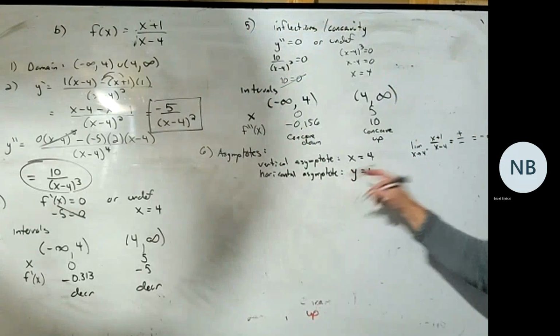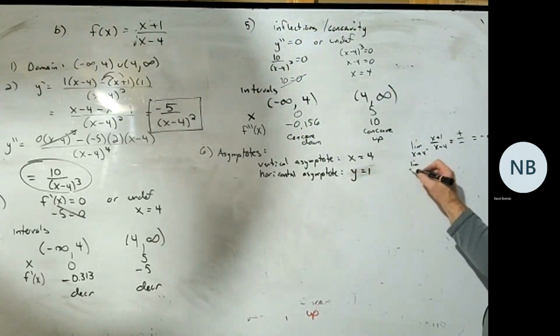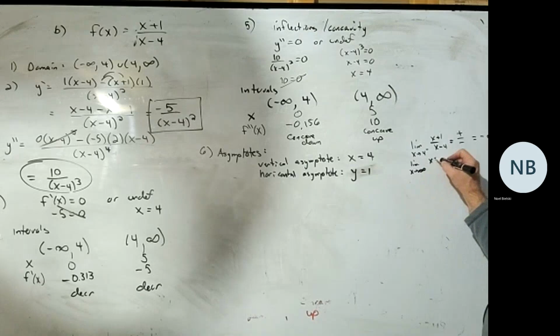If you want to prove that this is a horizontal asymptote, take the limit as x goes to infinity of x plus 1 all over x minus 4. And you multiply top and bottom by 1 over x. So you're going to get 1 plus 1 over x over 1 minus 4 over x. But we're taking the limit as x goes to infinity, so this is going to be 1 plus 0 over 1 minus 0.